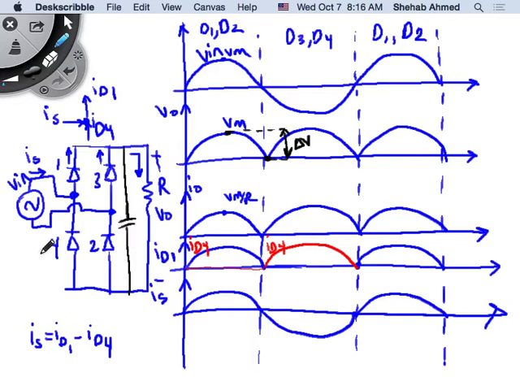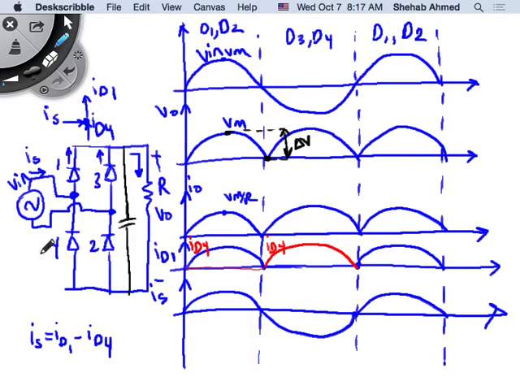If I properly chose my capacitor size, then the level, which is analogous to the voltage, will be maintained almost the same. It will change only 5% with respect to the peak input voltage, and I will still always be able to feed my load.